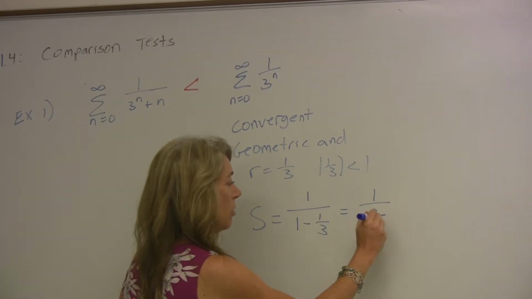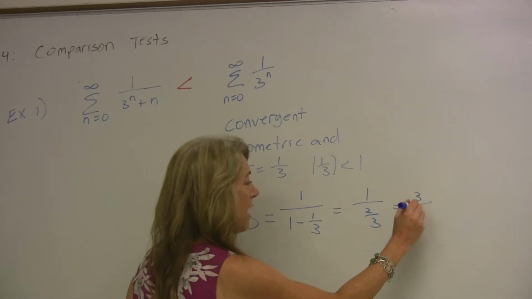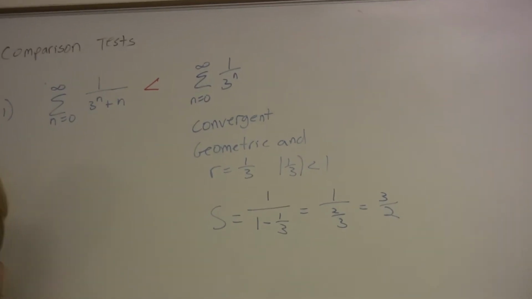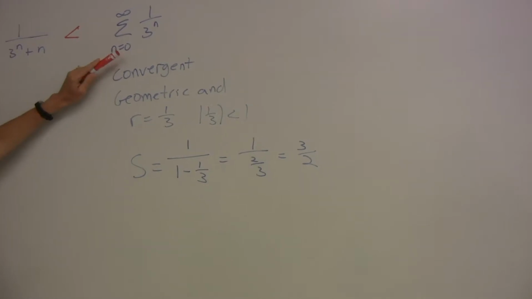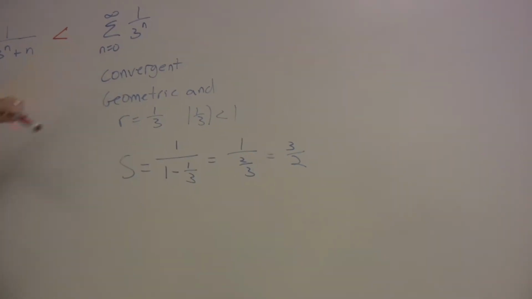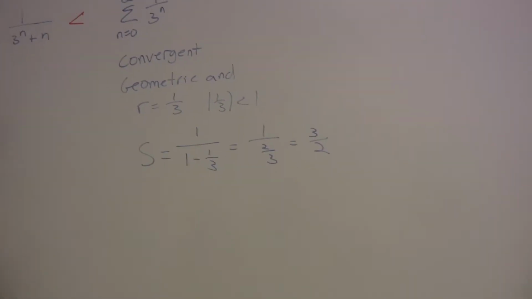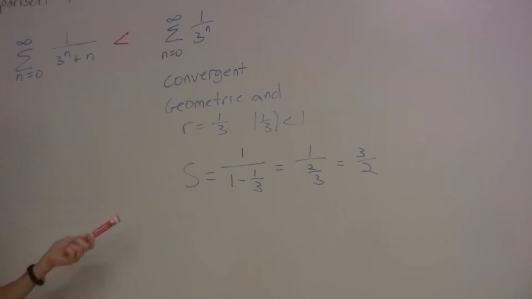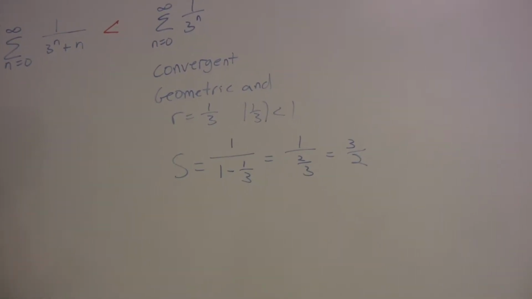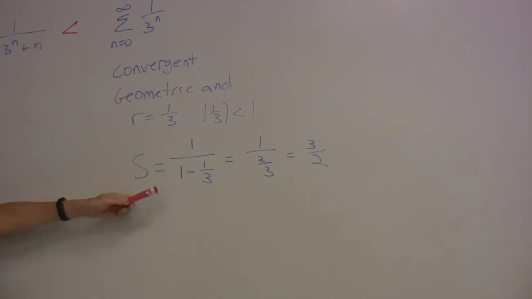That's 1 over 2/3, that's 3/2. So if I were to list all of these terms and add them all up forever, I would get 1.5. You don't technically need to find the sum, just a little review for you. Everyone understand what this means?